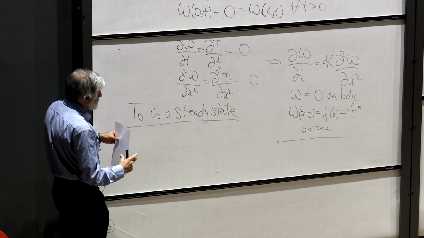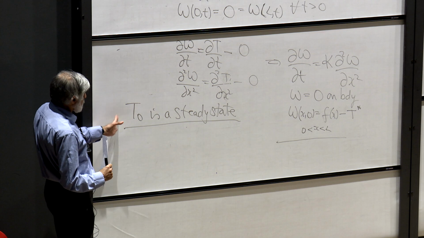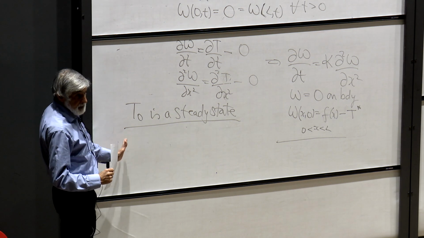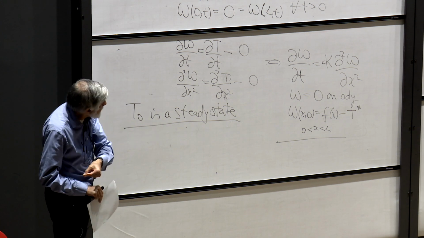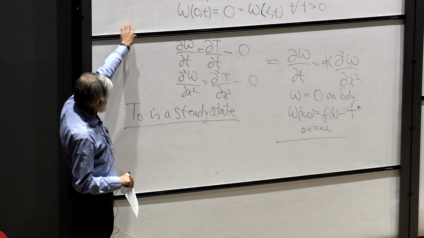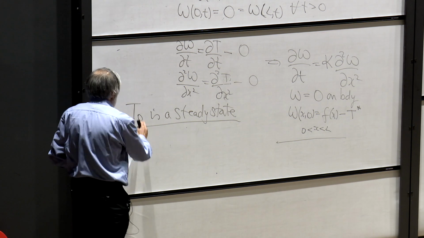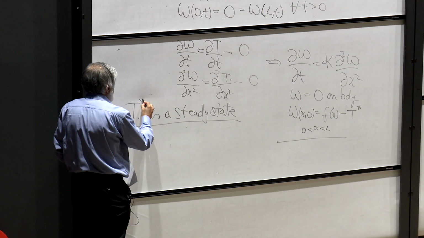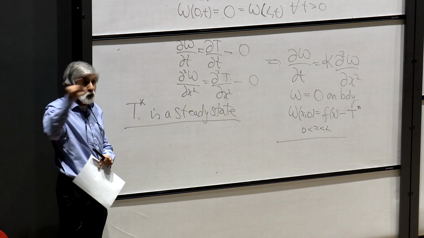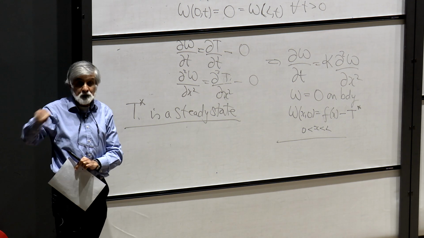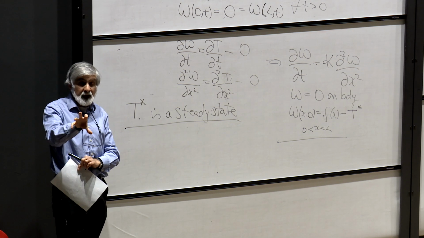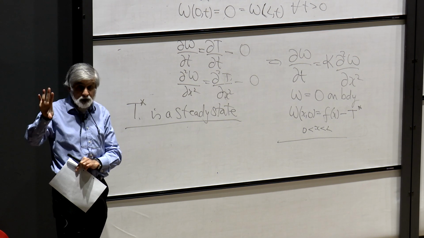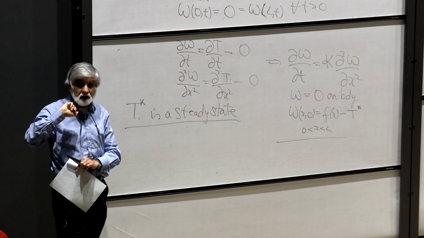Because in this problem, d2s by dx squared equals 0 means s equals ax plus b, but s was equal to T star on both boundaries, which means that the A that multiplies the X must be 0, and the constant B must be T star.